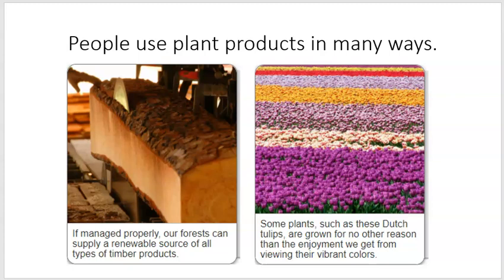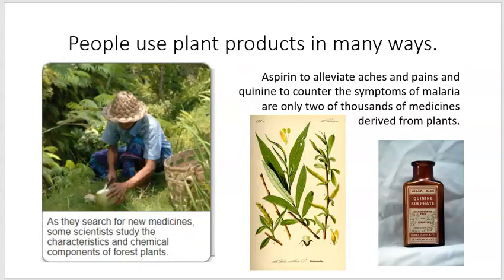Some plants, such as these Dutch tulips, are grown for no other reason than the enjoyment we get from viewing their vibrant colors. As they search for new medicines, some scientists study the characteristics of chemical components of forest plants. Aspirin to alleviate aches and pains and quinine to counter the symptoms of malaria are only two of the thousands of medicines derived from plants.